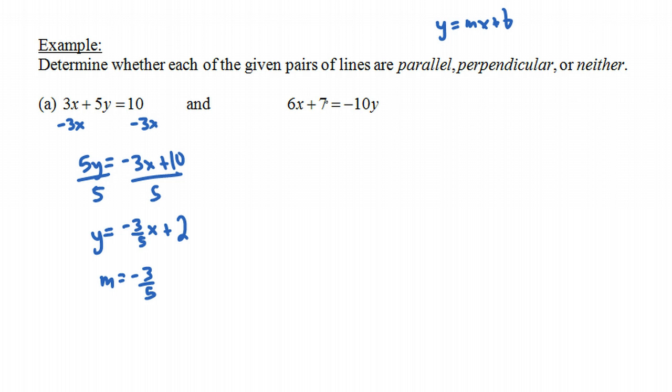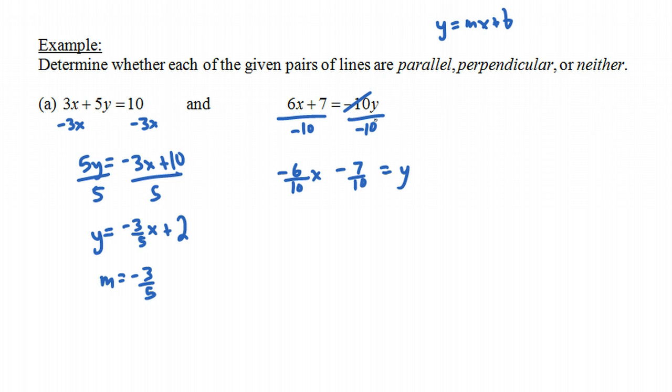Now, what's the slope of this line? Well, if we divide both sides by -10, we'll have y all by itself. And on the left side, we have -6/10 x minus 7/10 is equal to y. So we do 6x over -10, that's -6/10 x, plus 7 over -10, and that would be -7/10.